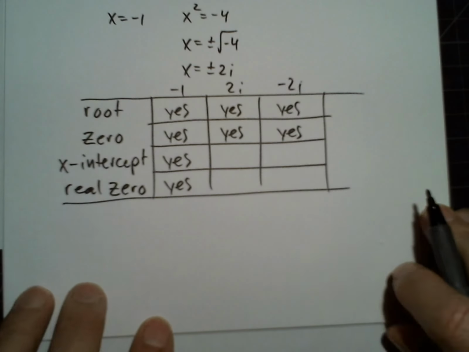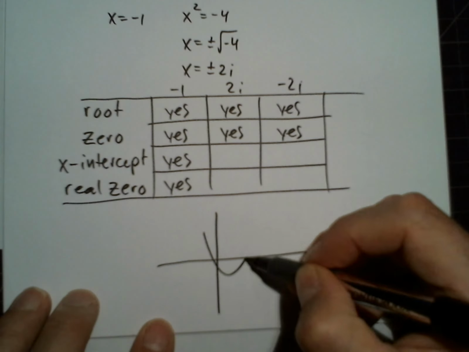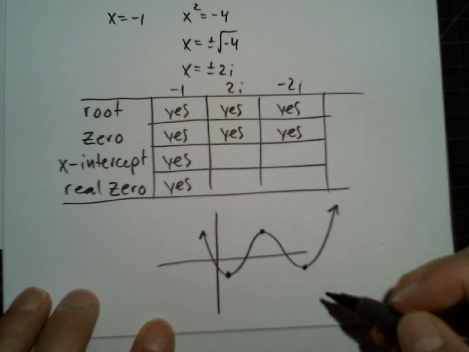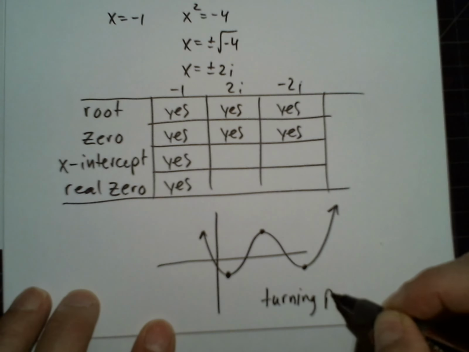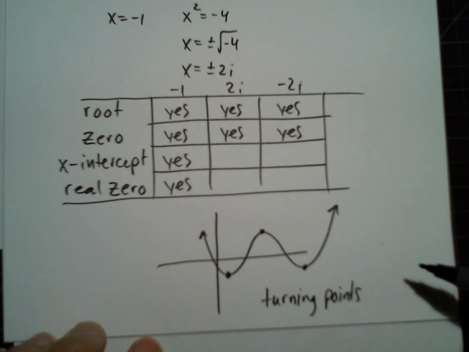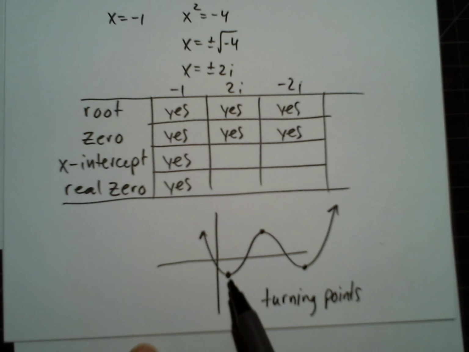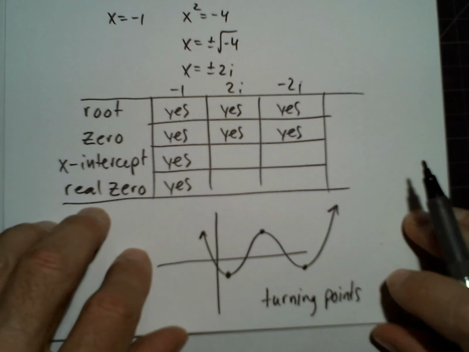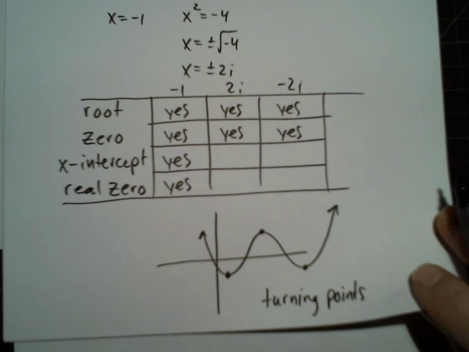And then we have one more vocabulary word called turning point, and we're just going to call these points turning points, and it's just where the graph changes its vertical direction. We also can call that a relative minimum, relative maximum, so there's another word for those: relative extrema are called turning points.